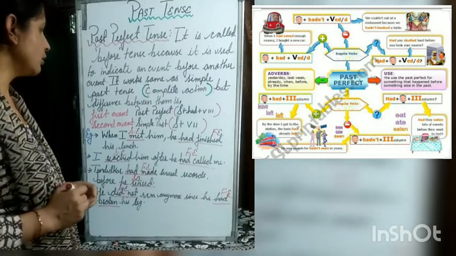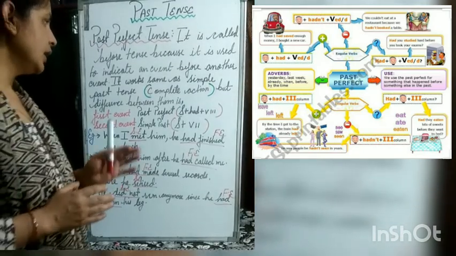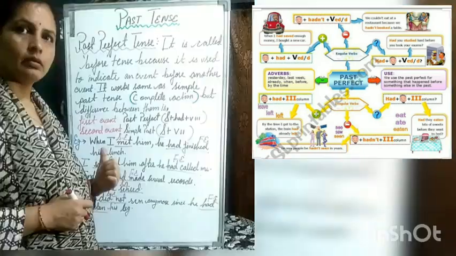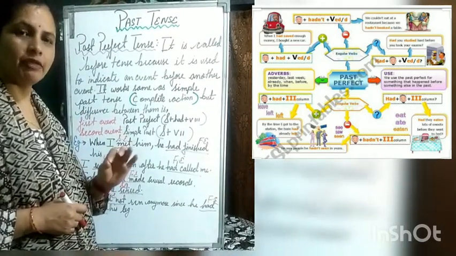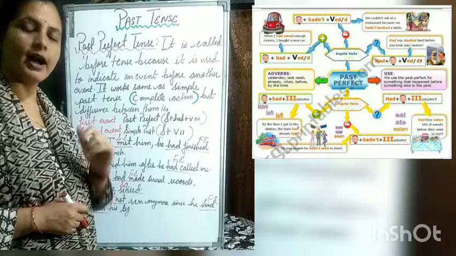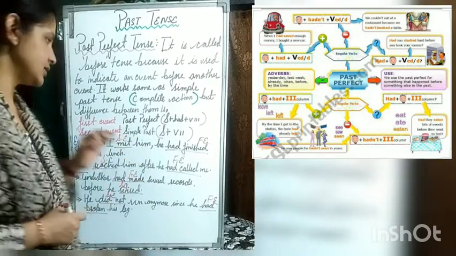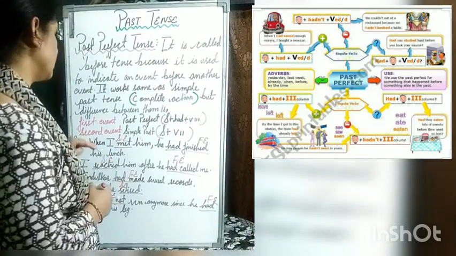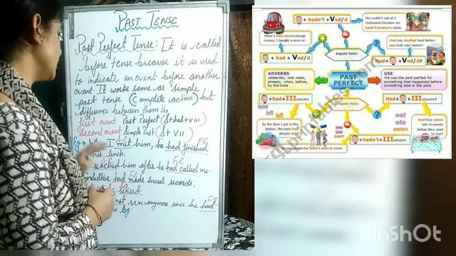Now children, here one thing is very common. To put two events in sequence, I have used sequence markers in these sentences. Like in the first sentence, when I met him, he had finished his lunch.